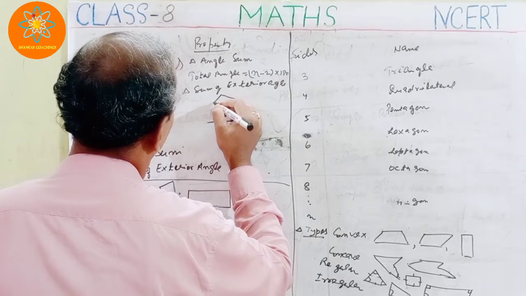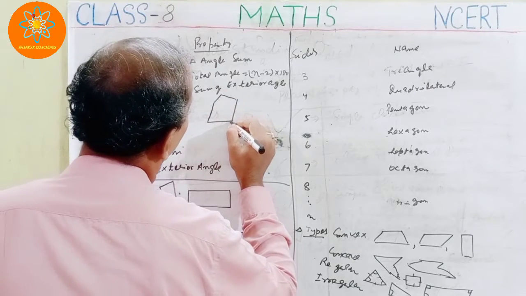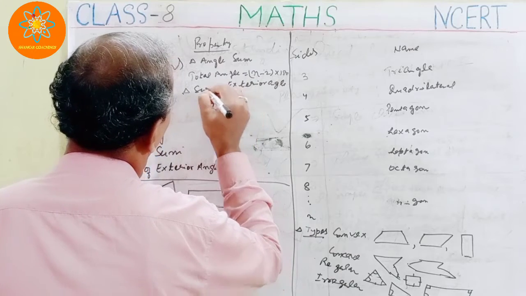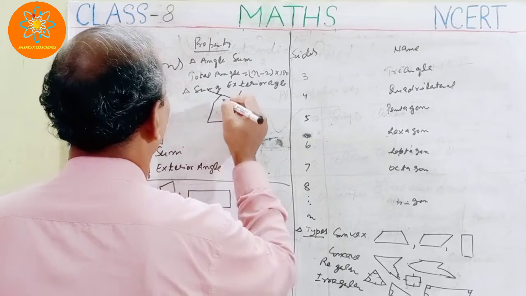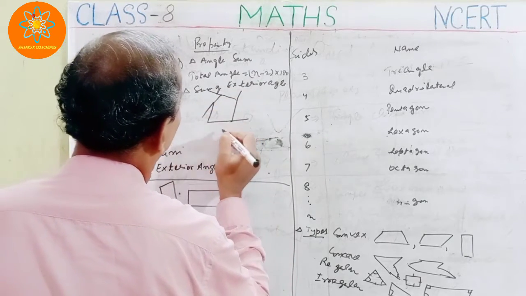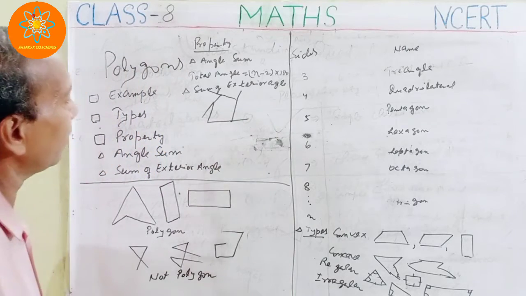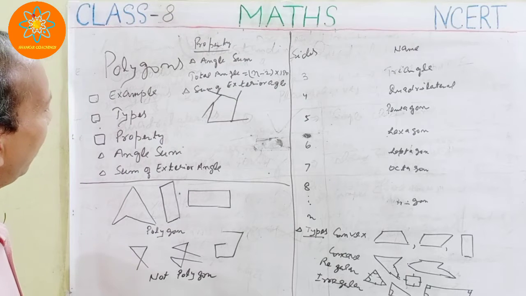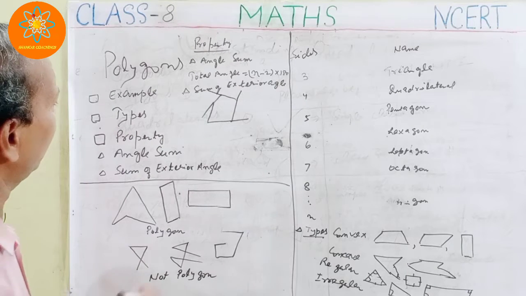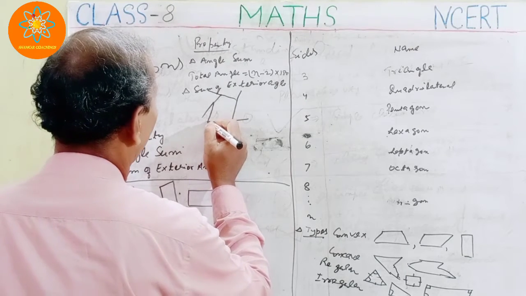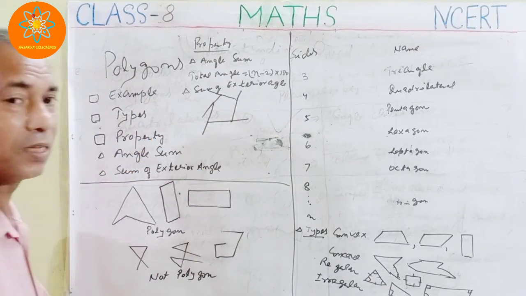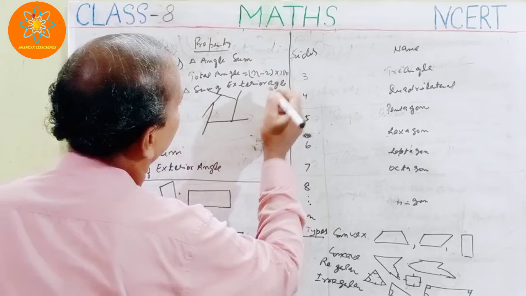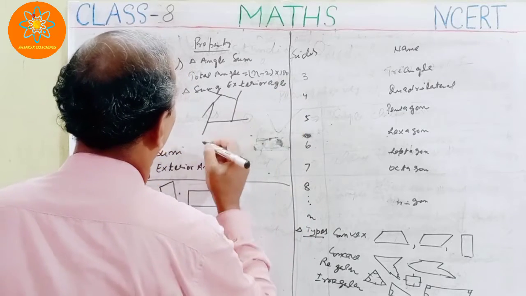Suppose one polygon is given, and we want to find the sum of the exterior angles of this polygon.